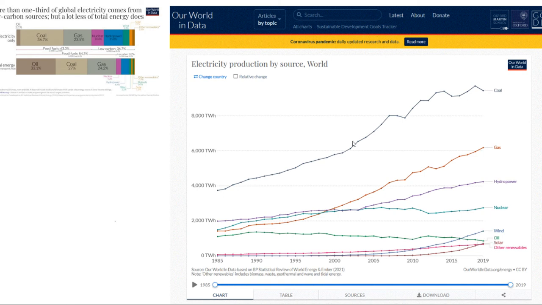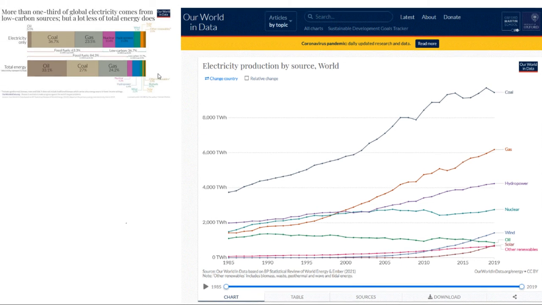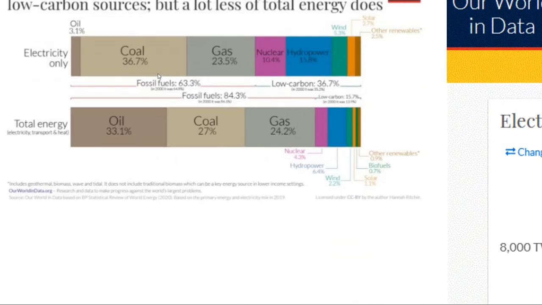And coal, although it's been highest the entire time and remains highest, is at least starting to plateau our use of coal, and hopefully starting to go down. Although we don't know that for sure. We have to wait and see what people actually do.